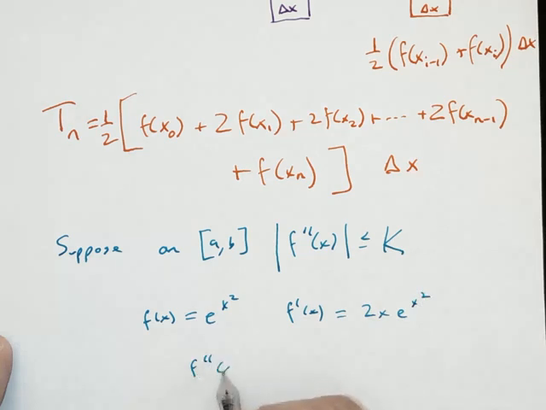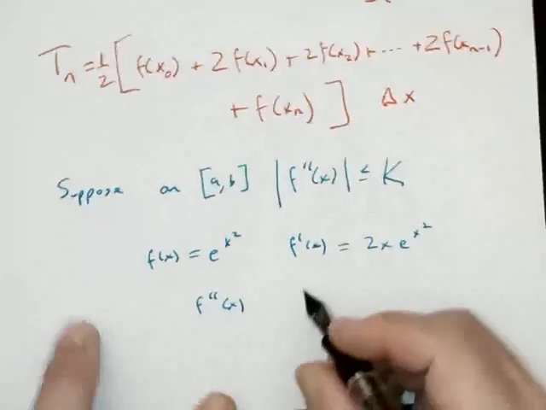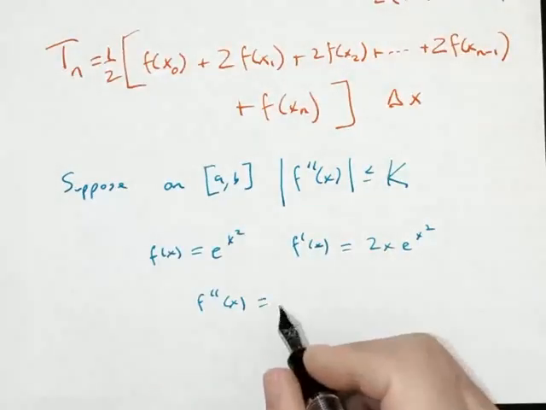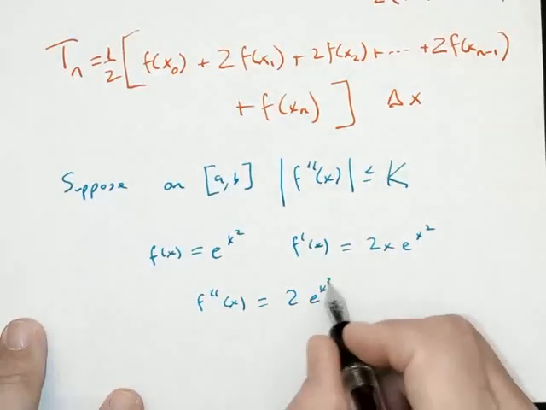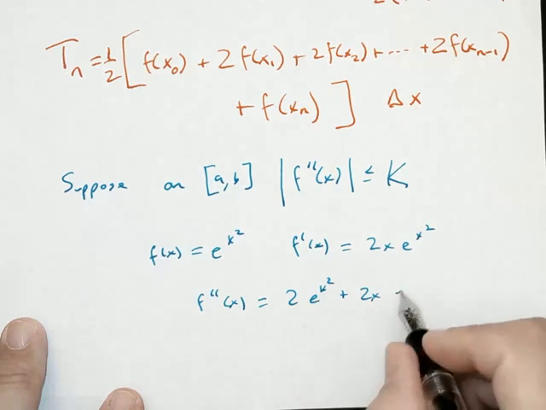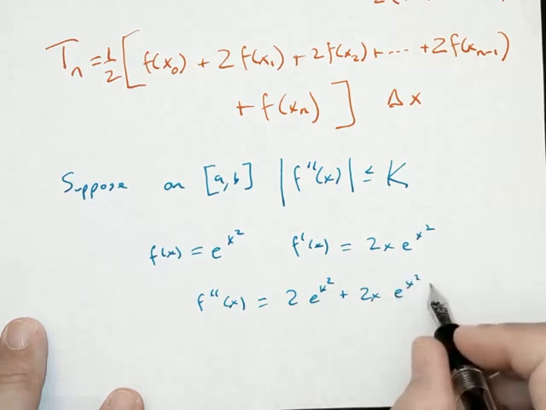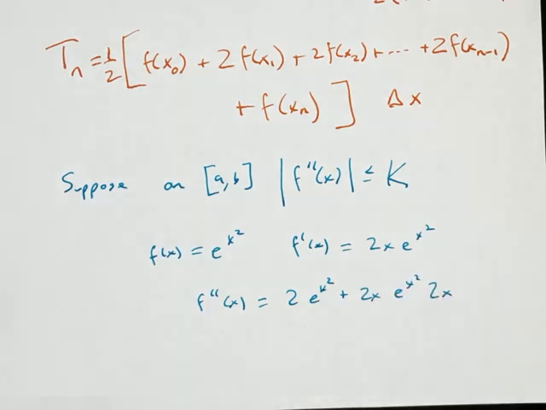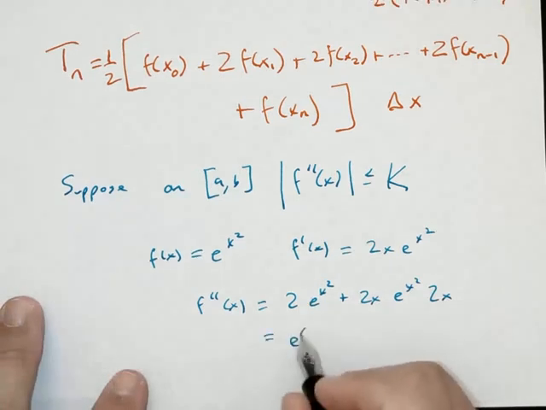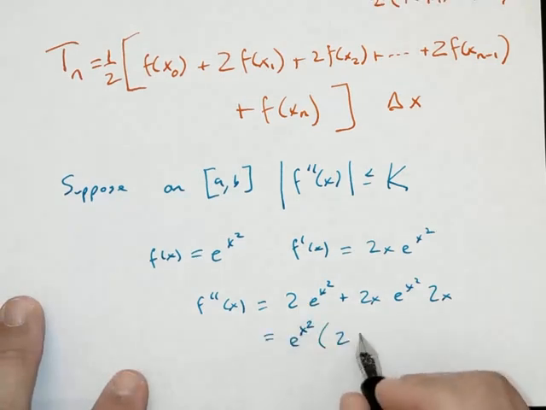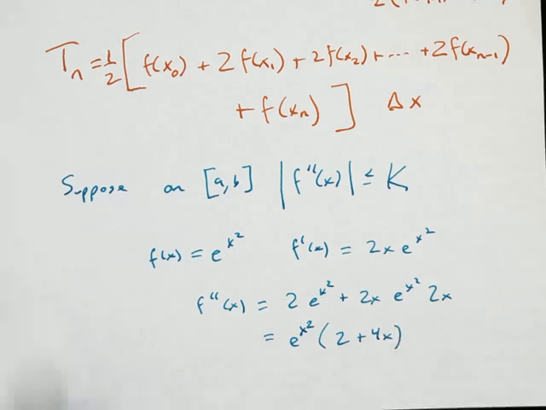Second derivative, therefore, requires the product rule. Yeah, chain or 2 would be both. Hold that thought. 2 e to the x squared plus 2x e to the x squared, and then the chain rule, another 2x. And I factored that for the moment just to make my life easier.